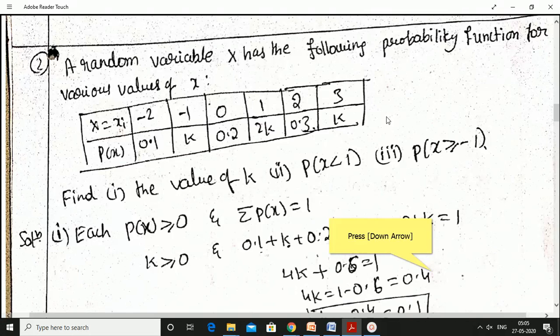And the second condition is, if we add all these values, the sum must be equal to 1. 0.1 plus k plus 0.2 plus 2k plus 0.3 plus k must be equal to 1. K plus 2k plus k is 4k, plus 0.1 plus 0.2 plus 0.3 is 0.6, equal to 1. 4k is equal to 1 minus 0.6, and 1 minus 0.6 is 0.4.